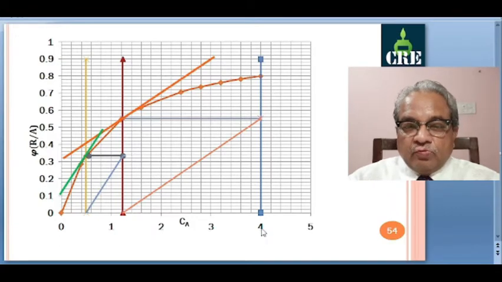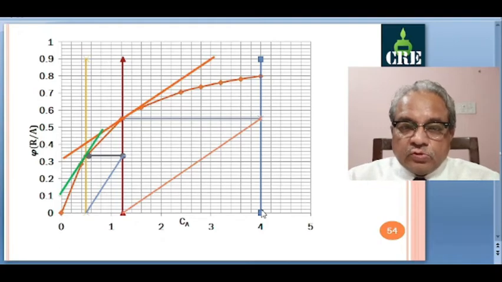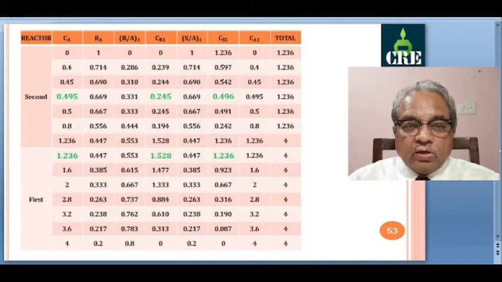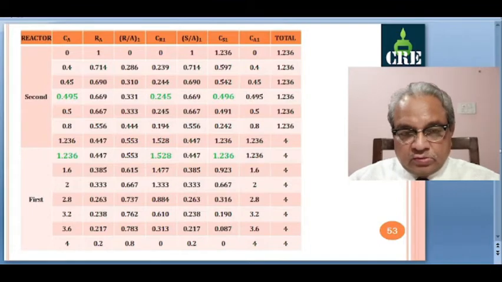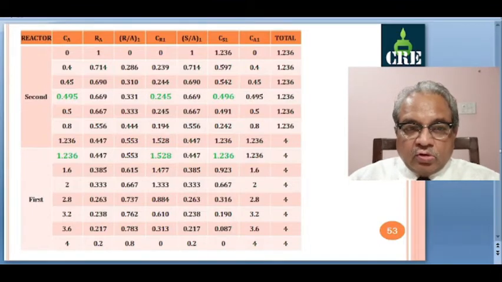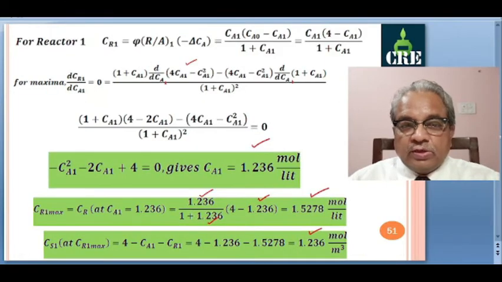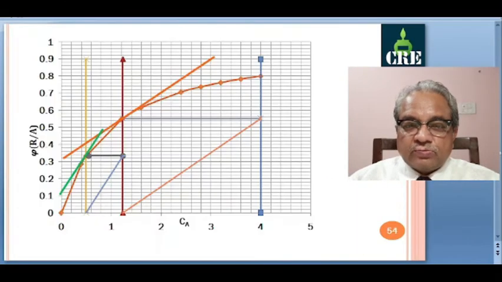Here we are starting from 4. So on this curve, in the first reactor we want to find out this intermediate, okay, and this comes out to be 1.236, which we have found out in first reactor Ca1 1.236.